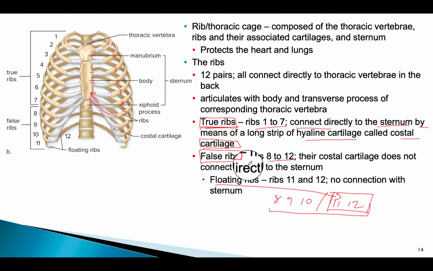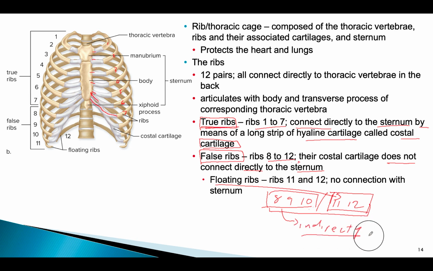So why are they called false ribs? Bottom line, 8 to 12 do not have a direct connection to the sternum. They are not directly connected to the sternum. Okay, 8, 9, and 10 are indirectly connected to the sternum.